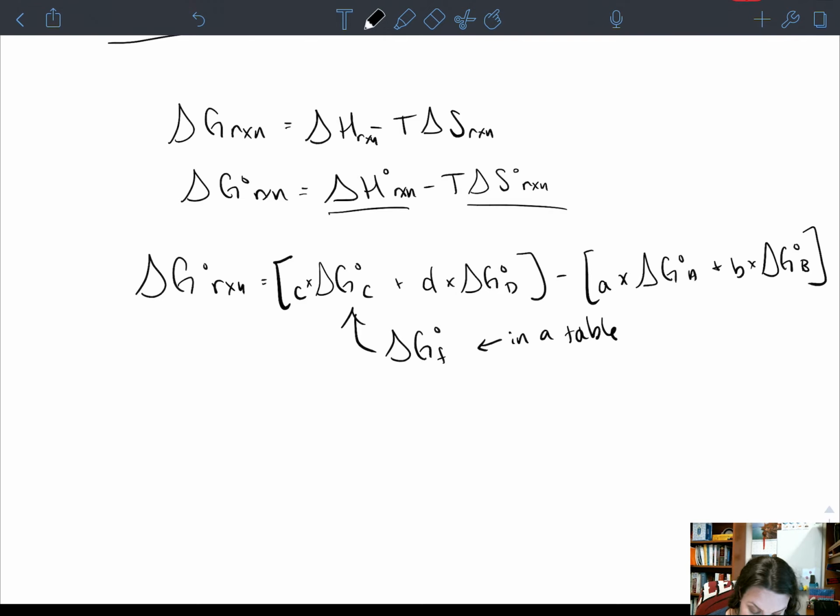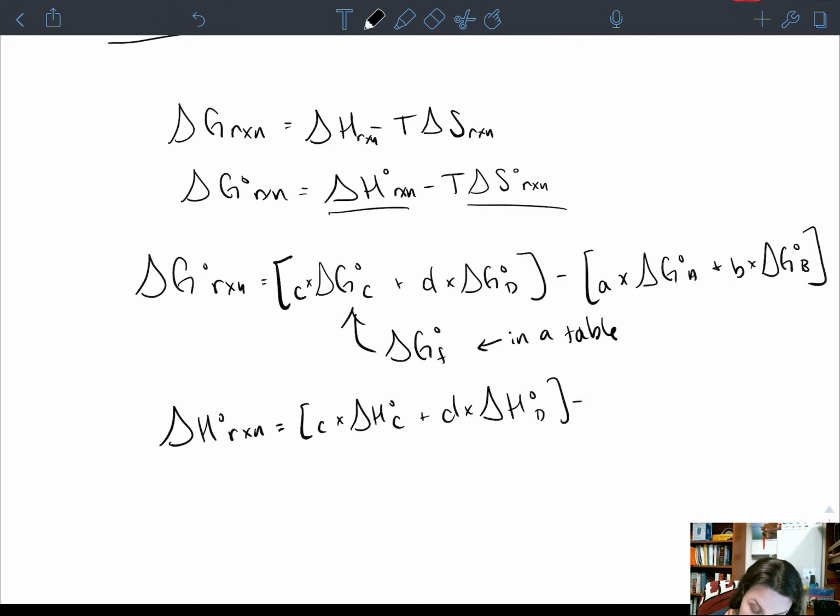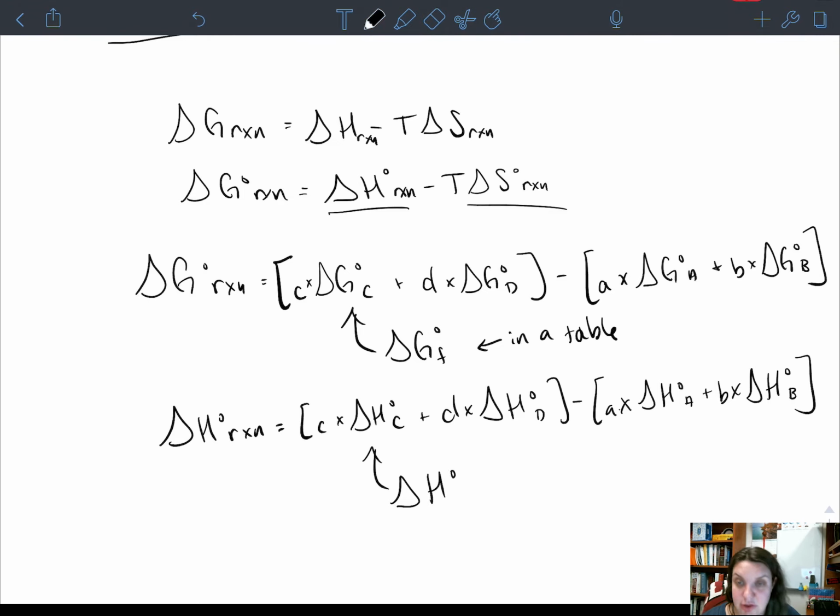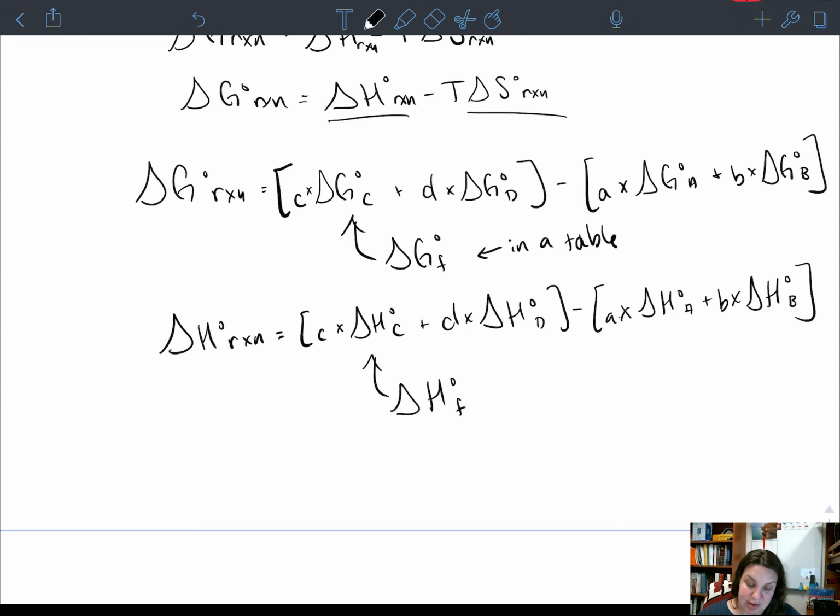And you could do the same thing for your delta H of your reaction, where these are delta H naught, or formation values given in a table. So we can solve for all of these in very similar ways.